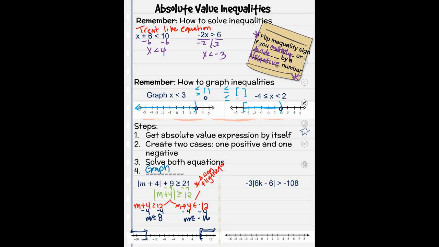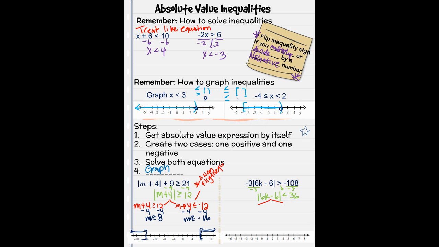All right, it is being multiplied by a negative 3, so we have to divide both sides by the negative 3. What's our rule? Dividing inequalities by a negative number, we have to flip our sign. So negative 108 divided by negative 3 is 36.